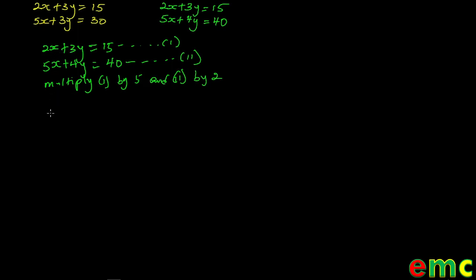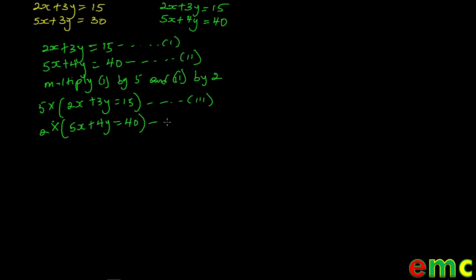Multiplying the whole of equation 1 by 5 is going to give us our equation 3, and multiplying the whole of equation 2, that is 5x plus 4y equal to 40, by 2 is going to give us equation 4.